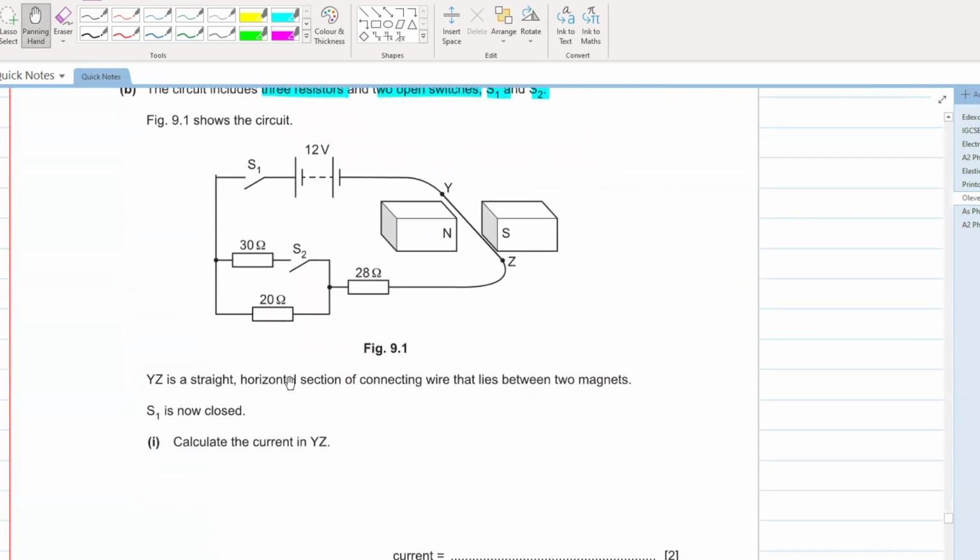YZ is a straight horizontal section of connecting wire that lies between two magnets.